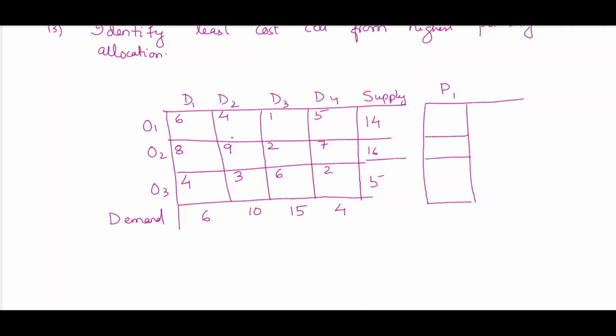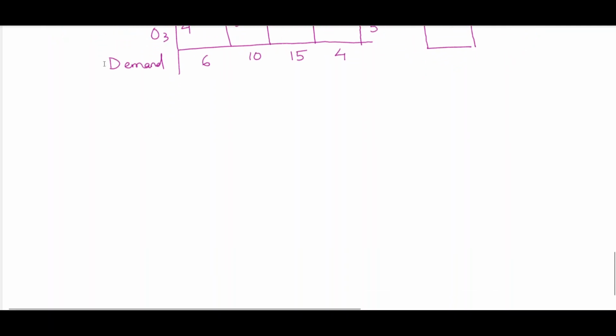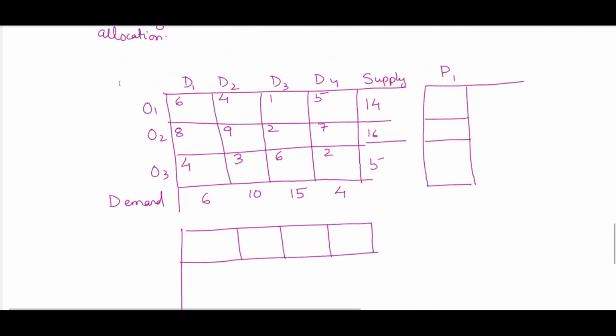P1 for this row, this row, and O3, and similarly for the four columns.